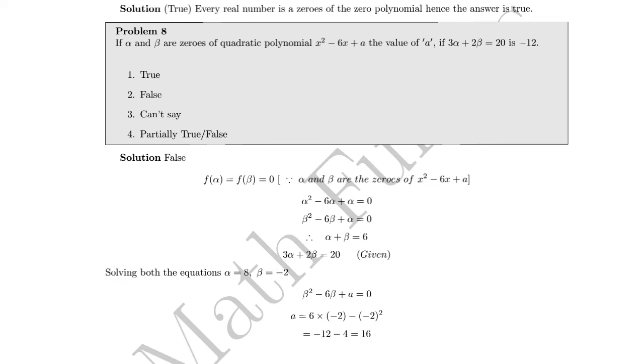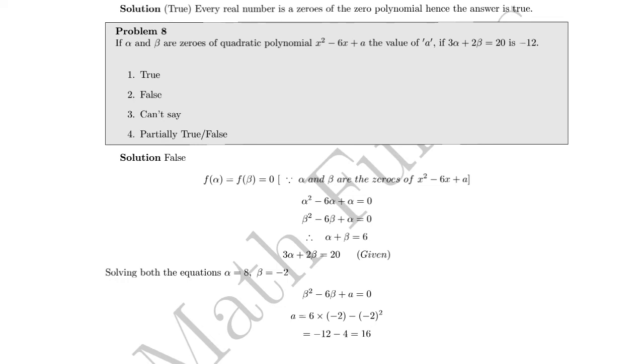We have to check that a is really minus 12 or not, if 3 alpha plus 2 beta is equal to 20, where alpha and beta are zeros of a quadratic polynomial. Let's see the solution. We have seen that the answer is false. Let's see how. We know that if alpha and beta are zeros of the polynomial, then f(alpha) is equal to f(beta) is equal to 0.